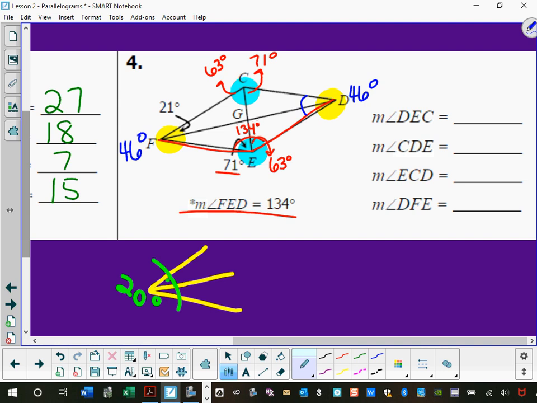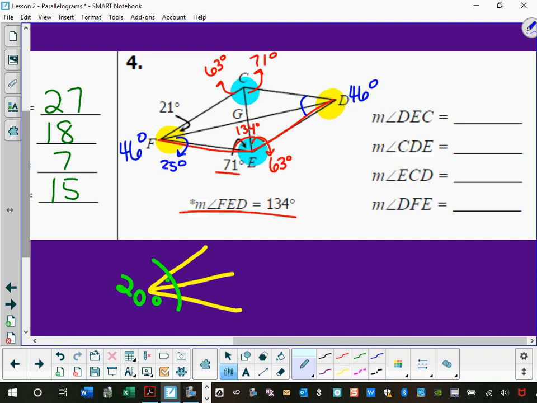They already told me that this top piece on the left was 21. How can I figure out the bottom piece? 46 minus 21, which is? All right, so this piece is 25.